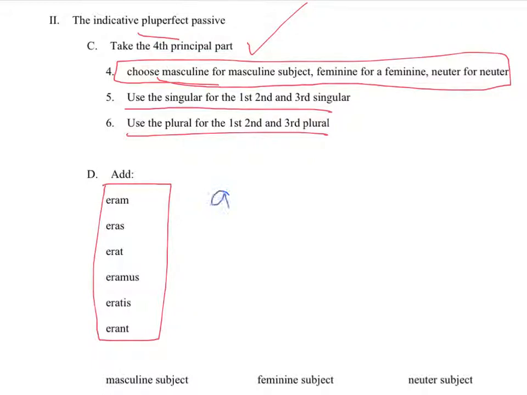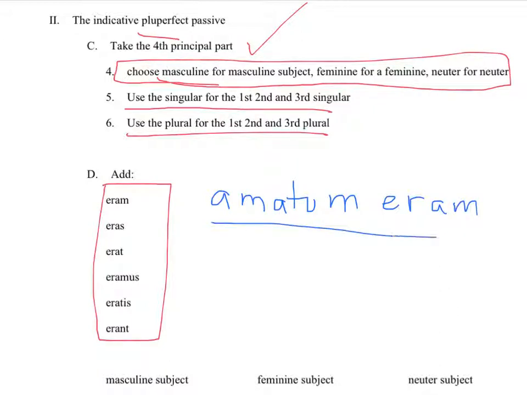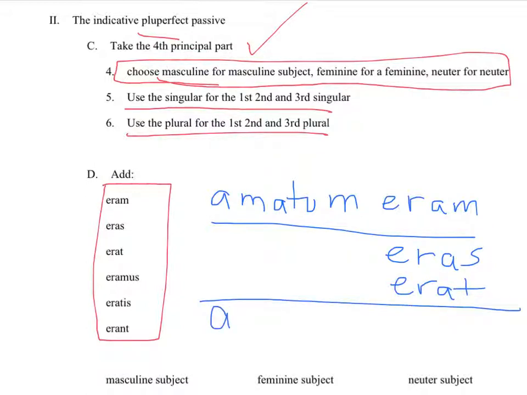Again, if it were neuter, I would start out with amatum, and then I would put a space, and then eram. That's for the singular, and then amatum eras, and amatum erat. For the plural, I would start over, and I have to have the plural form of the fourth principal part, amata, and then I would put eramus, eratis, and erant.